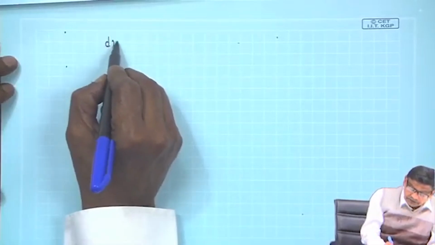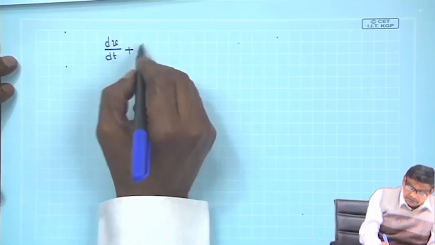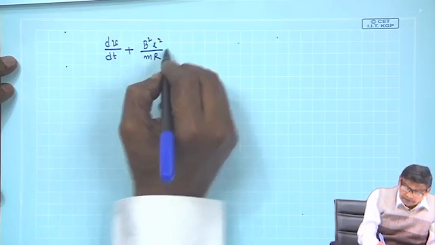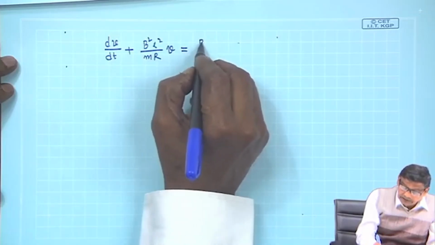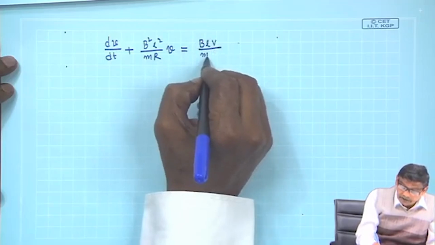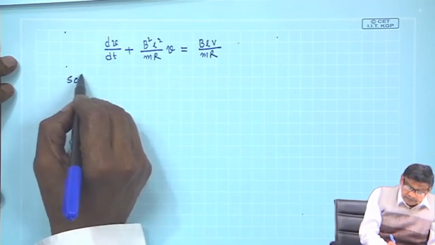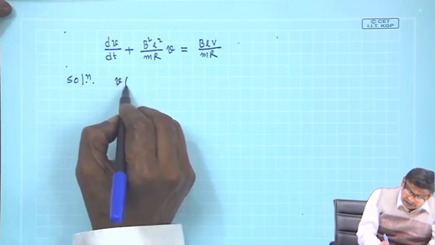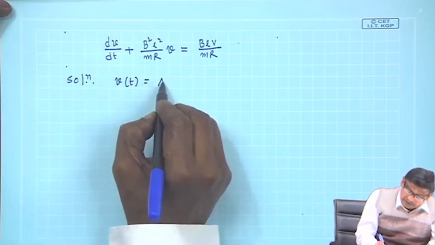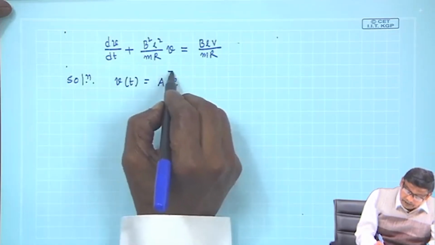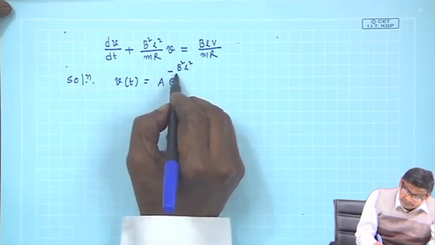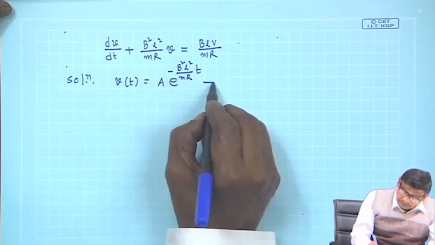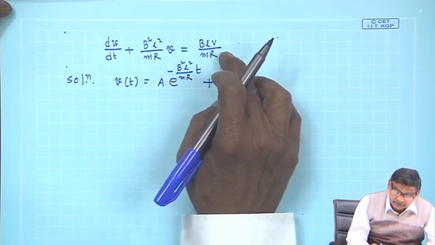the solution of this equation dV dt plus b square L square by m r into small v is equal to B L V by m r can be written, with characteristic root this one, as V t is equal to some constant a into e to the power minus characteristic root into t plus forcing function is a constant number.